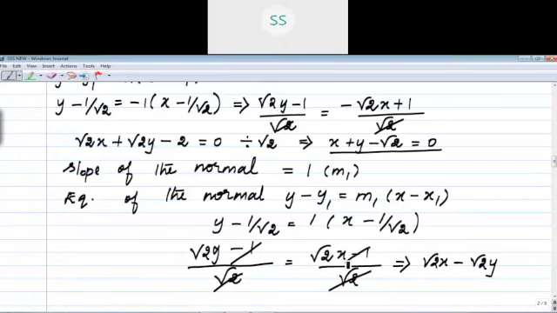So you have to cancel, right? That cancellation is possible. Now, what is your equation? Root 2x minus root 2y equal to 0. Now you have to divide by root 2. What is your equation of the normal now? x minus y equal to 0, right? This is your equation of the normal.